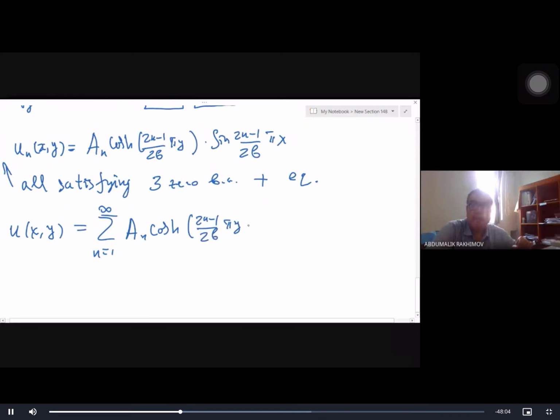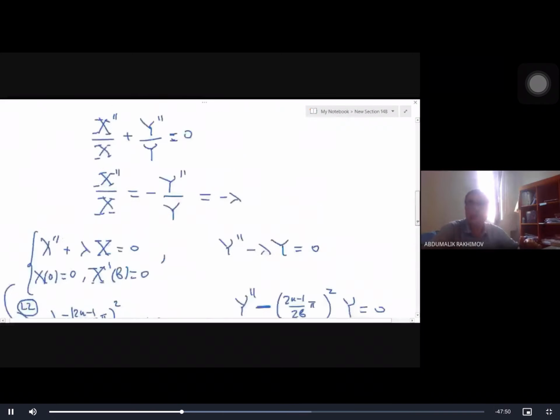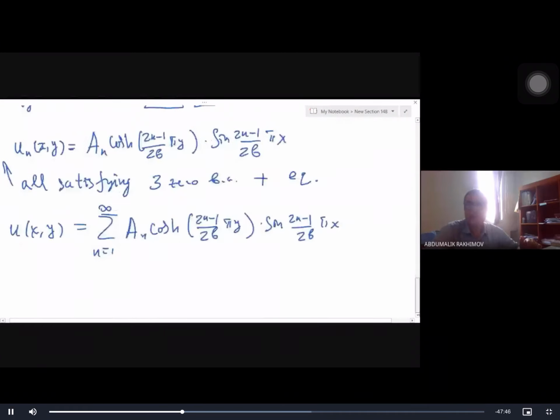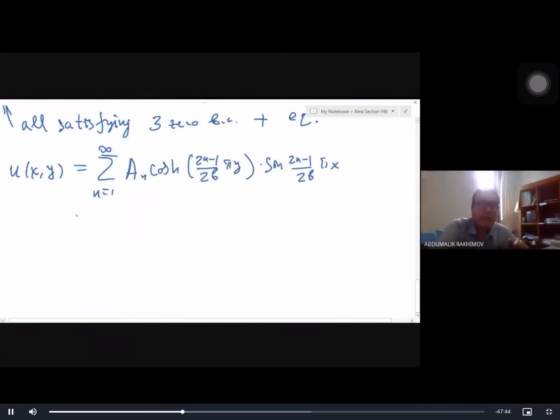okay, sine((2n−1)/(2b) π x). And now we can use the last condition. What is the last condition? u(x, c) is equal to f(x).